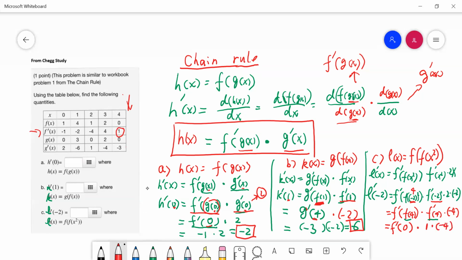Then this equals f derivative at 0, and f derivative at 0 will be -1. So -1 times 1 times -4, which equals +4. That will be our final answer for C.